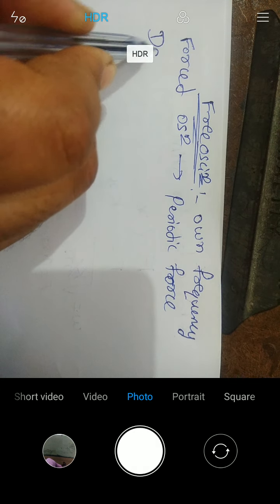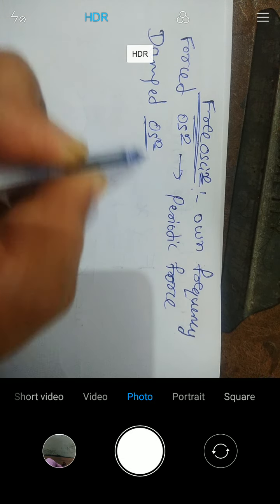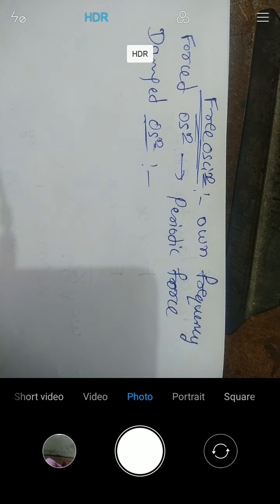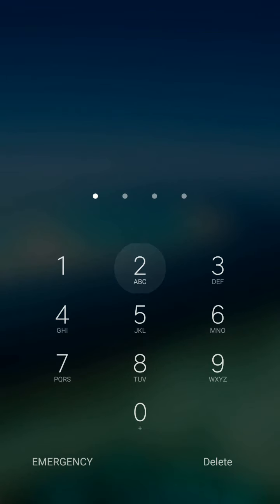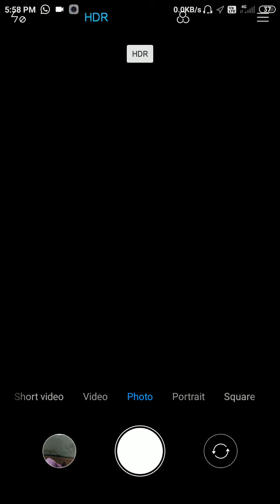Then the next one, damped oscillation. What is meant by damped oscillation? These are the oscillations in which the amplitude of the object decreases with time.